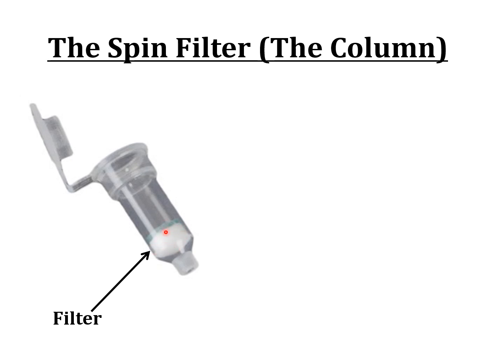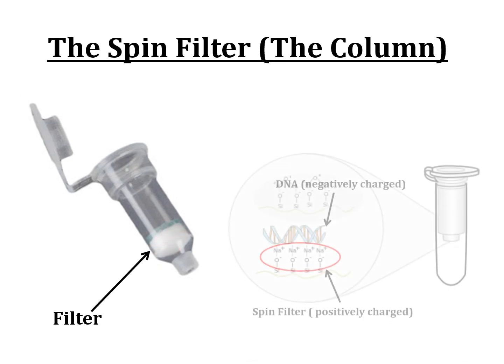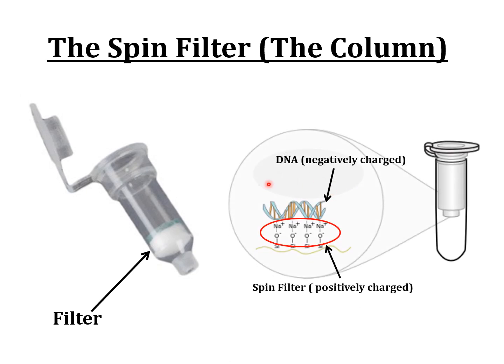So how does this filter work? As you know, DNA is negatively charged because of the phosphate. Inside the filter, you have positive charges, which attract the negative charges in the DNA. So the negatively charged DNA is attracted to the positive charges inside the filter.